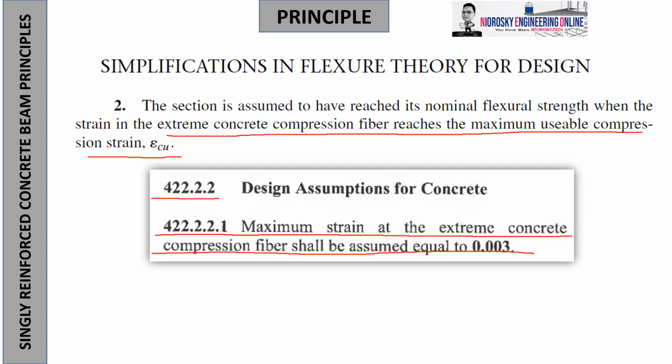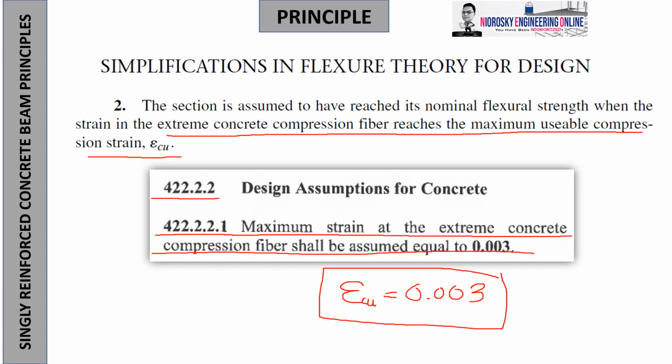So meaning epsilon sub cu will not be more than, or you can say that it is assumed to be equivalent to 0.003 for us to have a better idea on how do we deal with the stress. So where did that value come from? Proven by test already under ultimate stress condition.